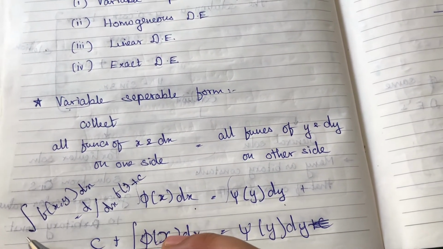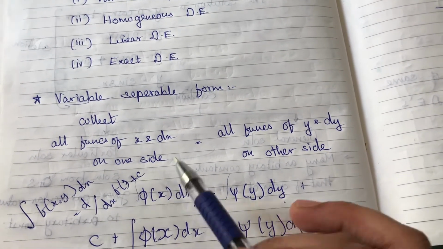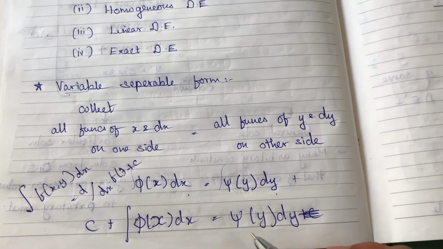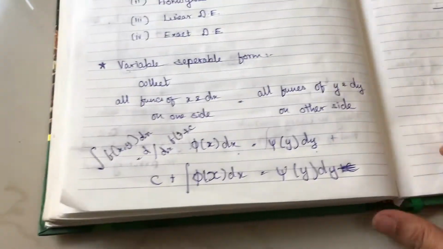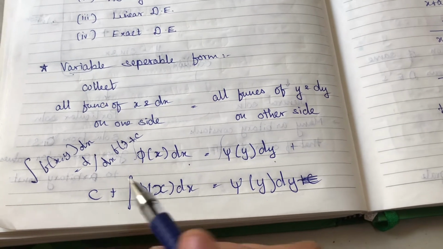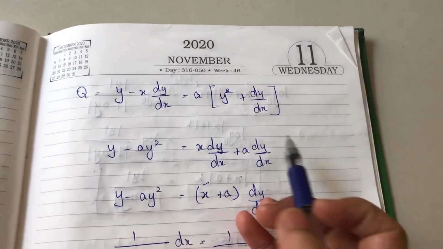If I take integration, the differentiation will become plus c. So I am just taking integration here plus c. That's it. So, let us see some examples here.